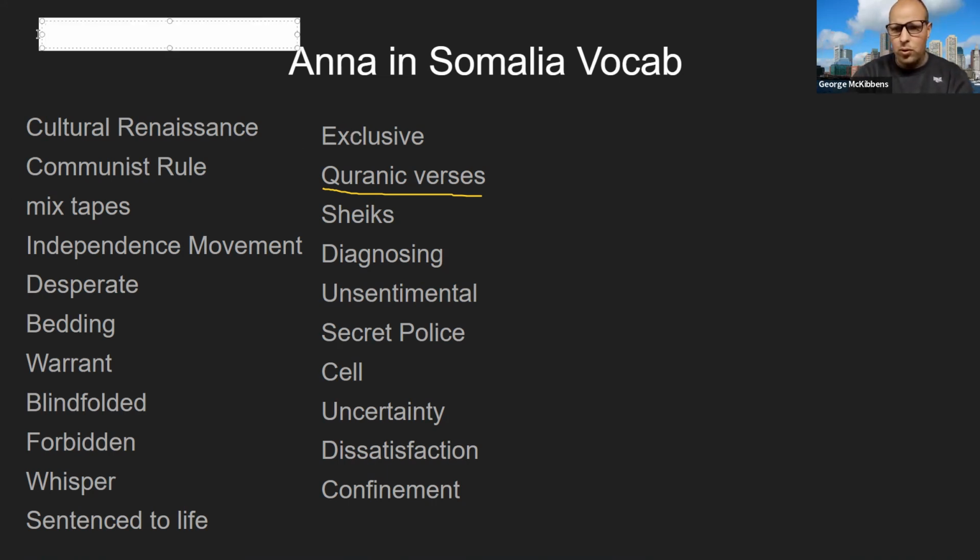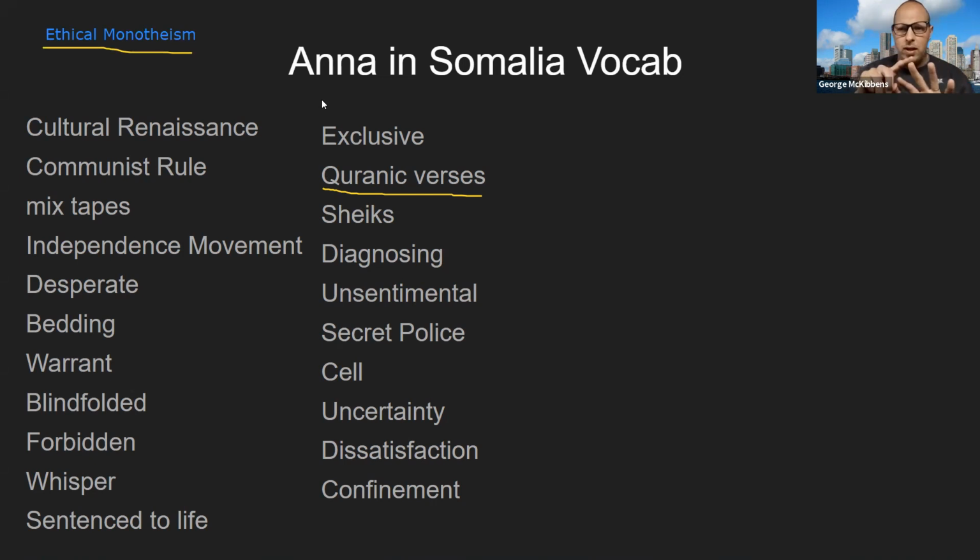I remember my world religions professor in college gave me this term, ethical monotheism. If you look at the book of Abraham, the Torah, the Bible, and the Quran kind of overlap, but then the other stories become quite different. Monotheism means singular God.